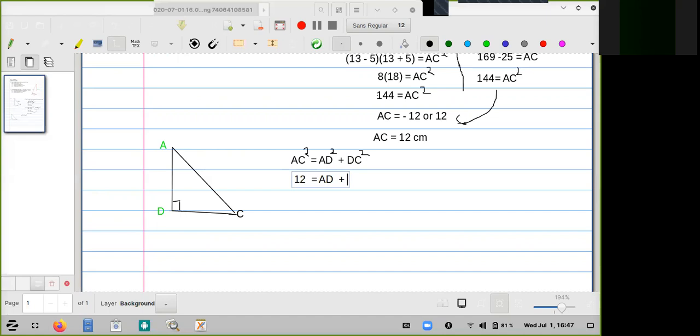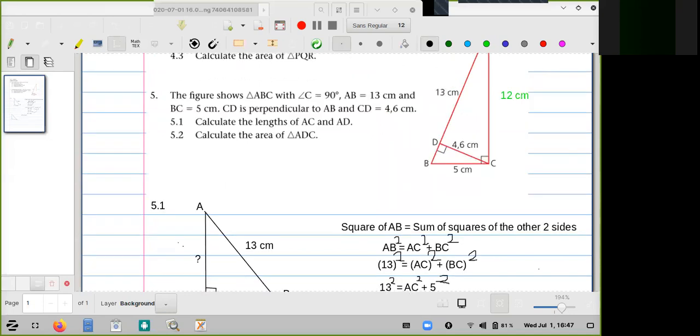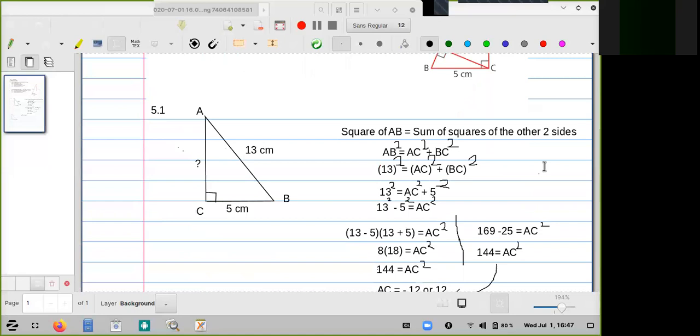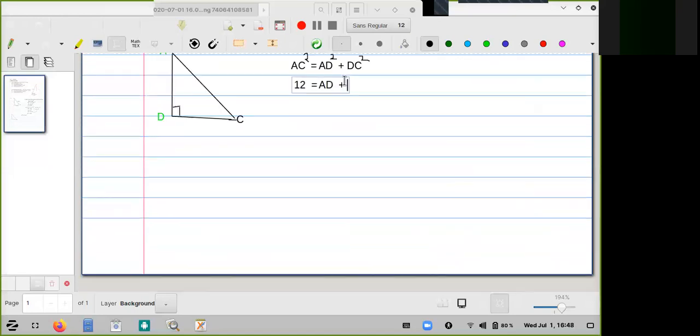Remember, DC is 4.6, so we substitute 4.6 and we also square that one.